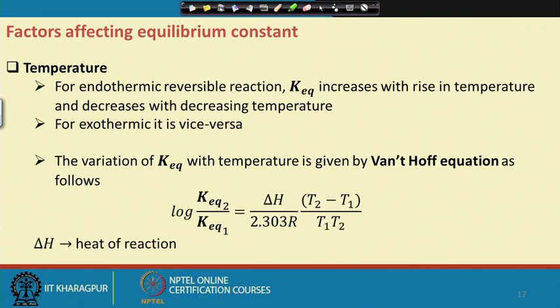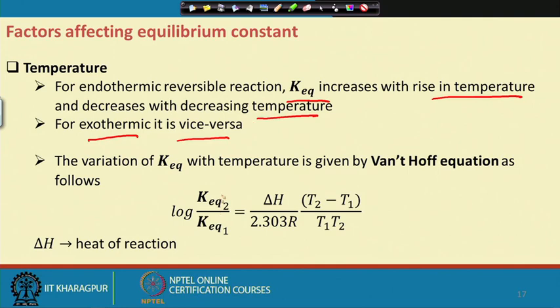Now, for an endothermic reaction, the equilibrium constant K increases with the rise of temperature and decreases with the decrease of temperature. But in case of an exothermic reaction, it is the reverse: the equilibrium constant decreases with the rise of temperature and increases with the decrease of temperature.